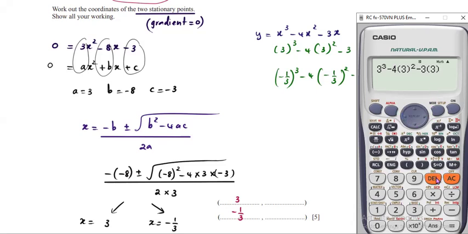And next, I'm going to change this and put negative 1 over 3, and change this as well and put negative 1 over 3, and then the brackets here. So I get 14 over 27.